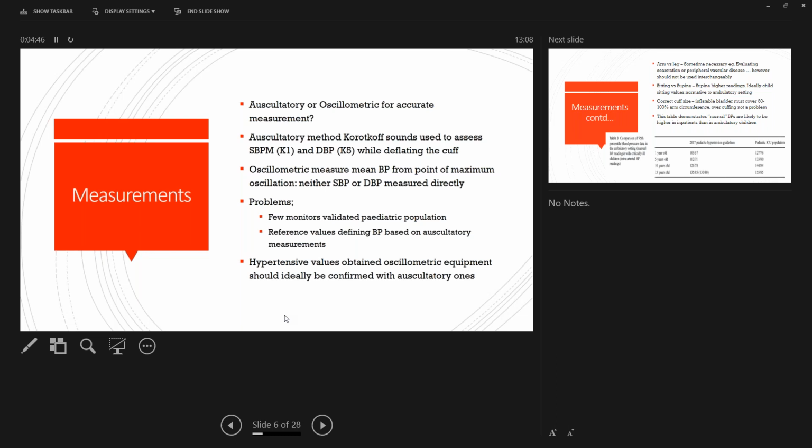So looking at the centiles and thinking about measurements of blood pressure, you can't think about treating blood pressure without considering accurate measurement. It's a really important aspect in diagnosing hypertension through accurate measurements. And we all know that hospital has a lot of influences in paediatrics in the measurements of their blood pressure. So one of the ongoing debates, and I think it will always be ongoing, is oscillatory or oscillometric for accurate measurements.